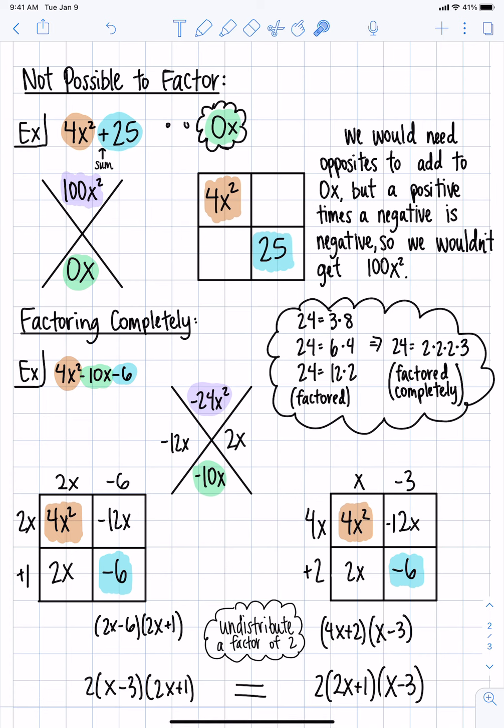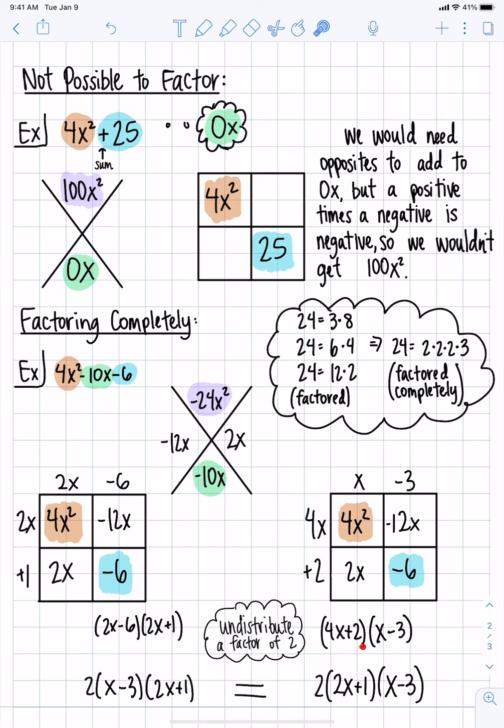But something we need to look at right here is that there is a factor of 2 that can be undistributed. It can be pulled out from both of these expressions. So right here in this parentheses, we have 2x minus 6, and a 2 can be undistributed from here, giving us 2 times x minus 3, and then we keep that 2x plus 1.